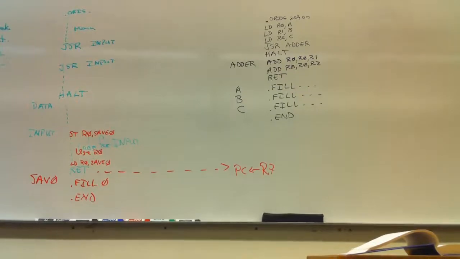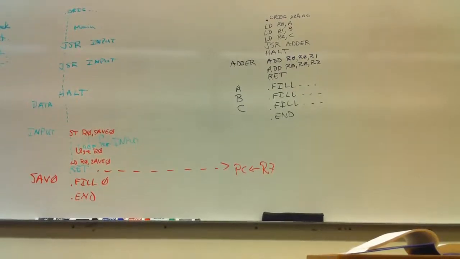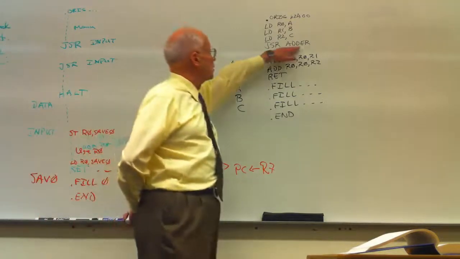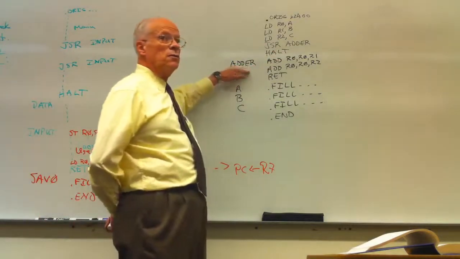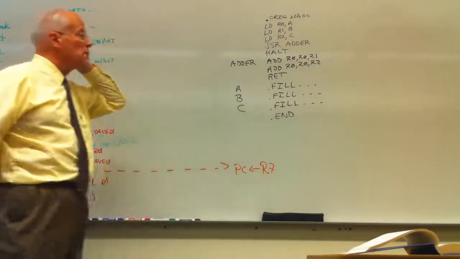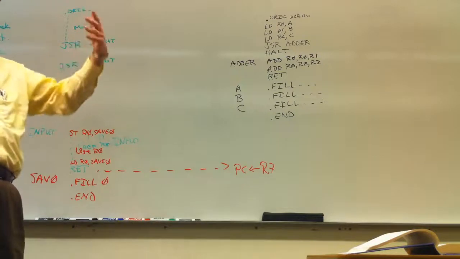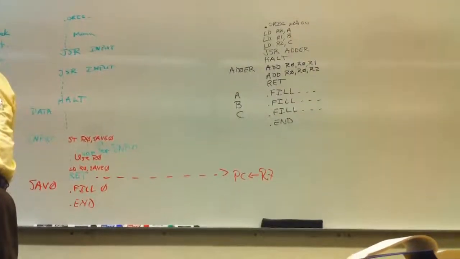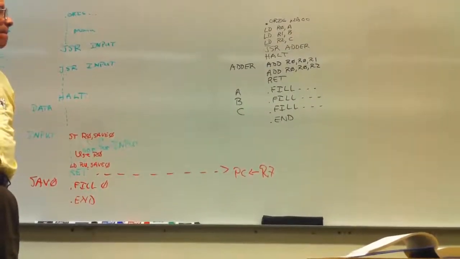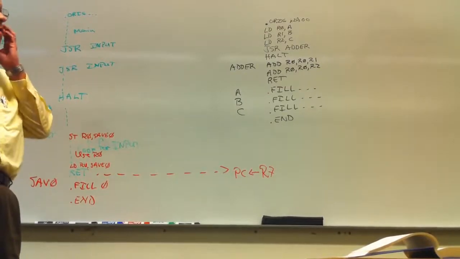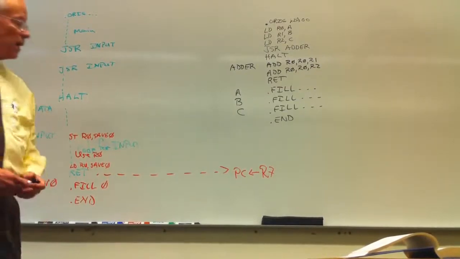That's why you have to save it. That's why it gets stuck up there in register 7, because there is only one program counter, and it puts the address of adder into that one, and then executes. And then when it returns, the program counter gets set back to where it was. Okay.